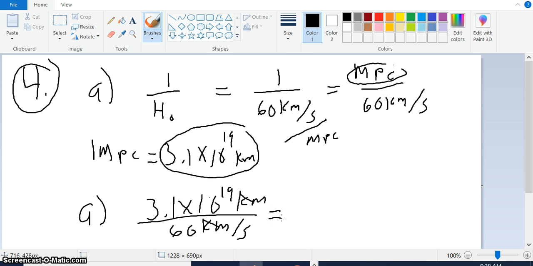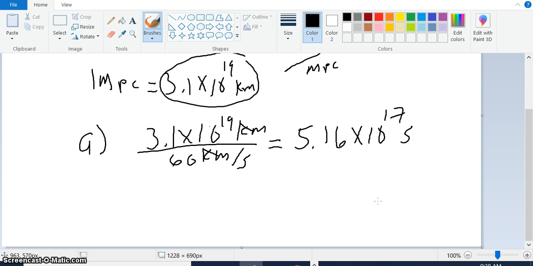When I did this, I got approximately 5.16 times 10 to the 17th seconds. That's the age of the universe if the Hubble constant is 60 and there's no acceleration in the expansion of the universe, which of course there is, which alters the calculation.